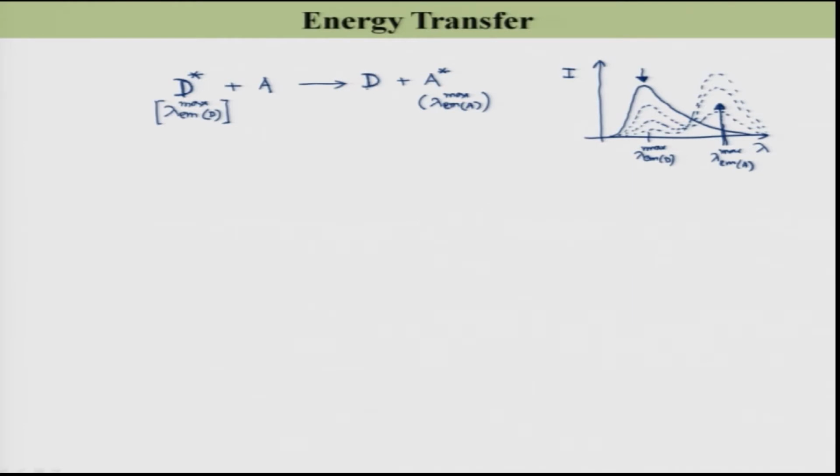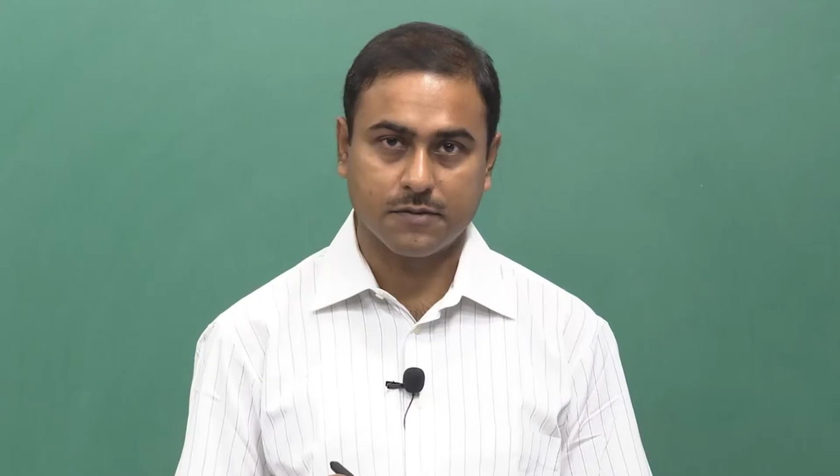Now, D is in the ground state and A is now in the excited state. By denoting with star, D star is my energy donor and A is my energy acceptor. So, simply we write this as donor and this as acceptor.